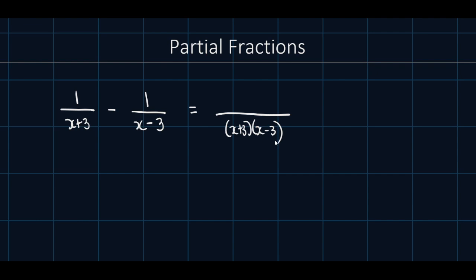And then, if we simplify, we can get the equivalent of this part as x minus 3 all over x plus 3 times x minus 3. And likewise, for the other part, the denominator is still x plus 3 times x minus 3, and the numerator here is x plus 3.